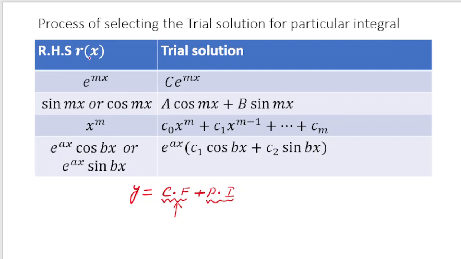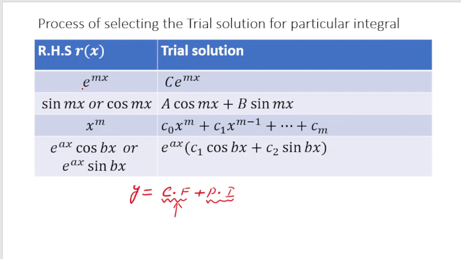to that. The process of finding the particular integral is actually based on selecting a trial solution, right? And that trial solution is selected on the basis of what is on the right hand side of the equation.